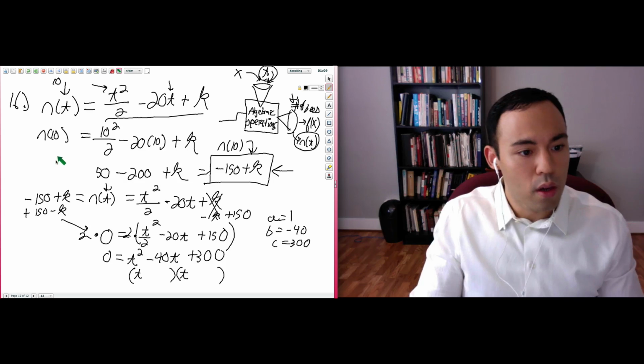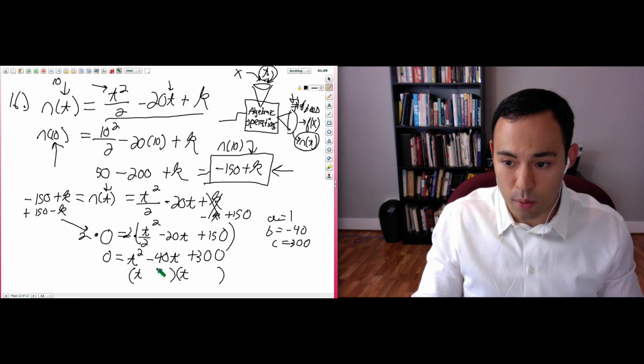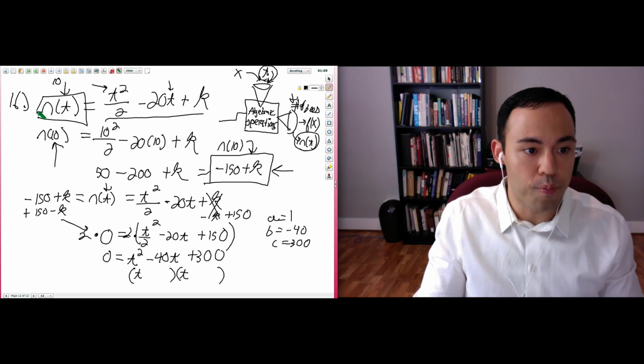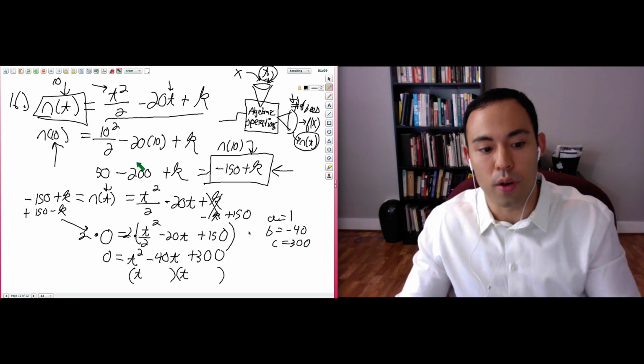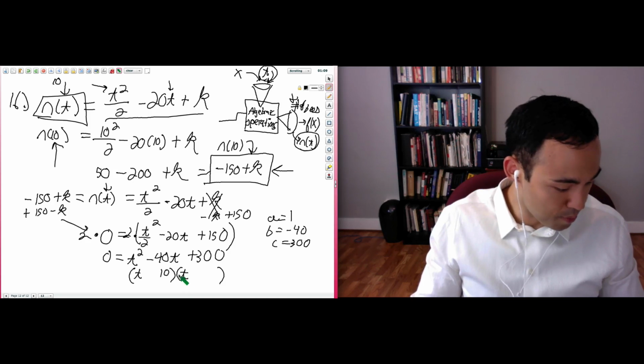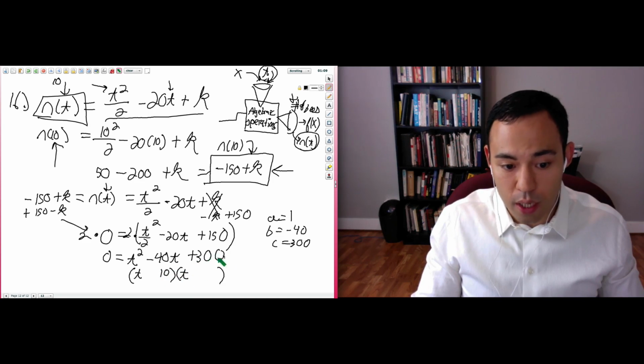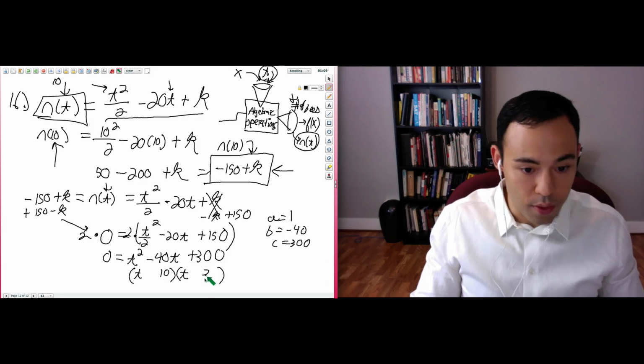Check it out. We know that the time has to equal 10 at one of the times in which this expression equals this other part of the expression. So we know that one of the factors is going to be 10. So now we go, well, what's 300 divided by 10? And that's going to give us a 30.